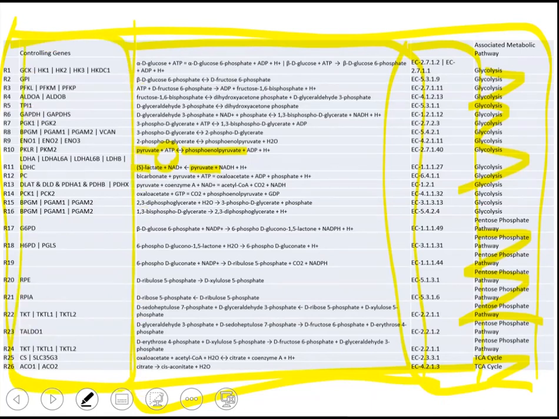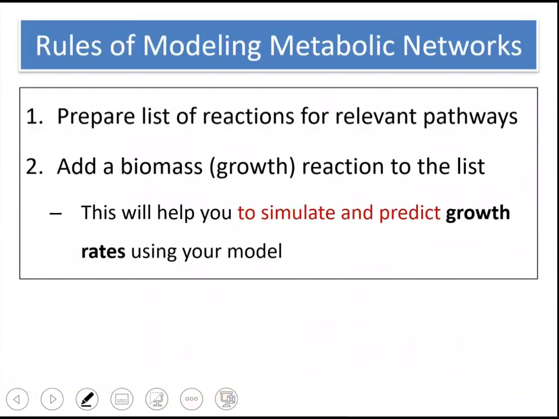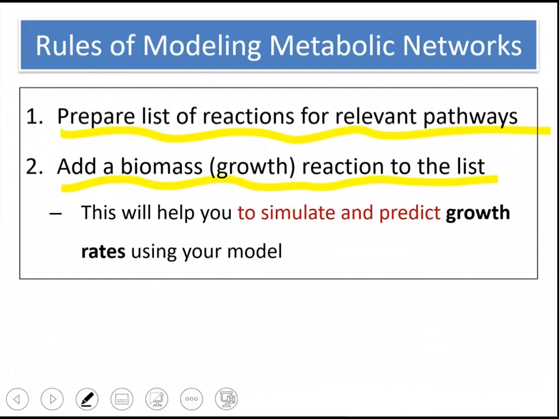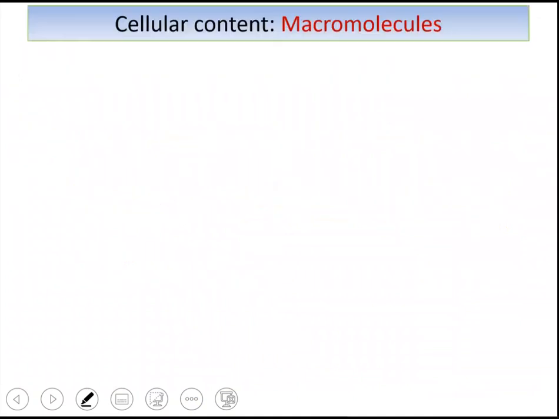So you have this metabolic reaction list. You already prepared your list of reactions for relevant pathways, and you want to add a biomass reaction to the list. And as we said, this will help you to simulate and predict growth rates of your microorganism. So that's why I'm talking about this biomass reaction.